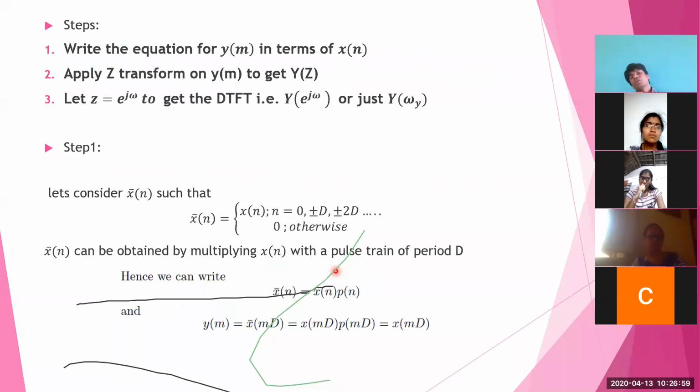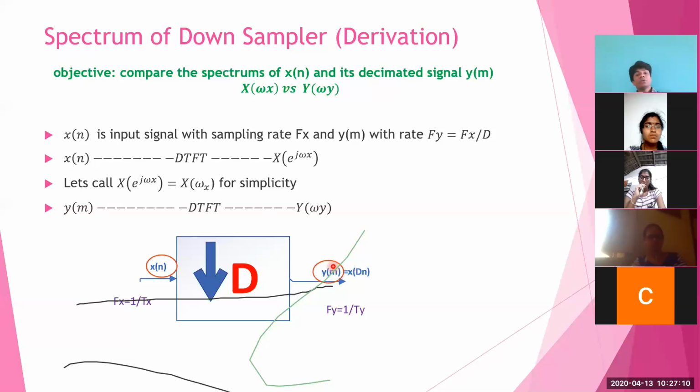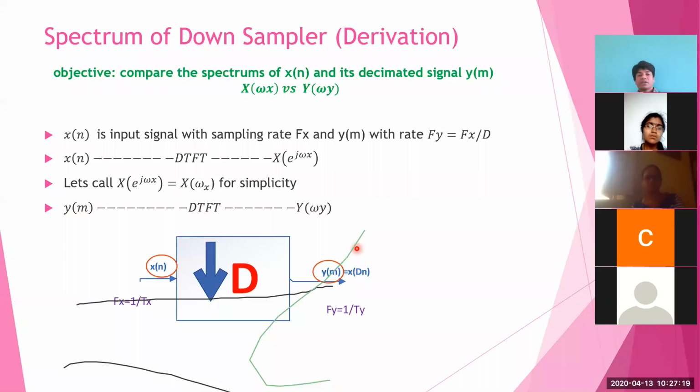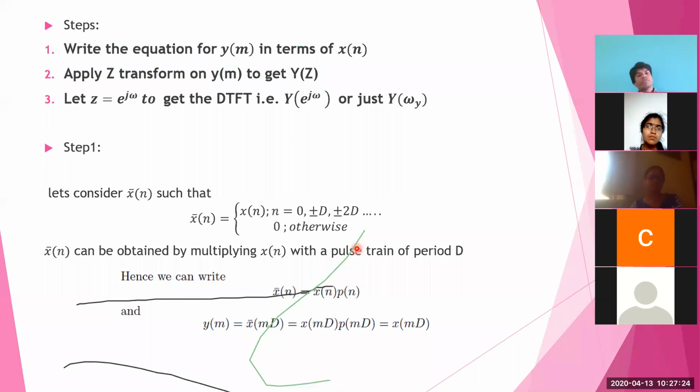Now, this is a derivation kind of thing, but it has 3 steps. In the first step, our goal is to find the spectrum of the decimated sequence, which is y of m. For that, first we need to get the equation of y of m. Next, apply Z transform.